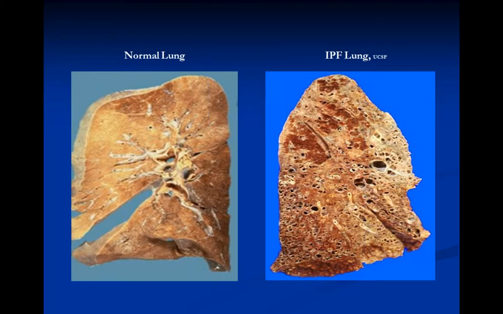In the idiopathic pulmonary fibrosis lung, the lung architecture is extensively distorted because of the extensive fibrosis and traction bronchiectasis. We are able to see this honeycomb appearance at the basal regions of the lung.